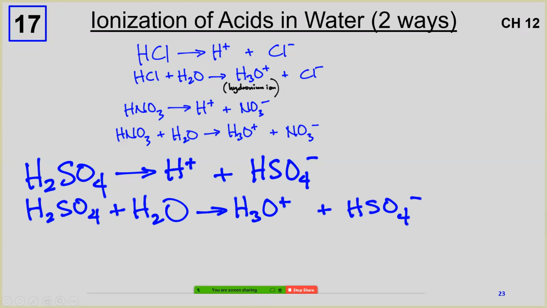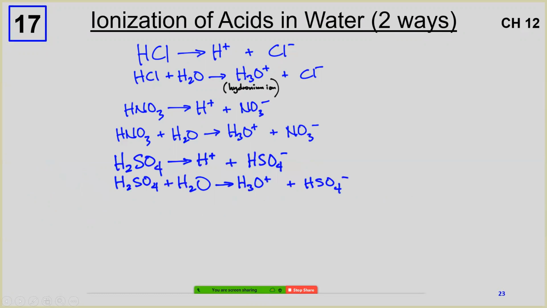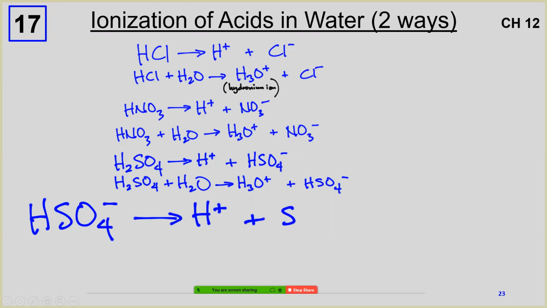You can see here that sulfuric acid contains 2 ionizable protons. So that means that this HSO4 with a negative charge can undergo second ionization. Okay, so HSO4 minus will turn into H plus plus SO4 with a -2 charge this time.